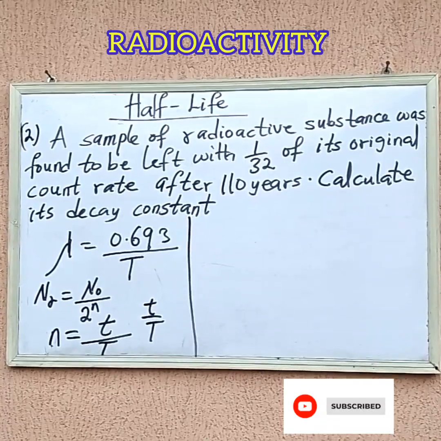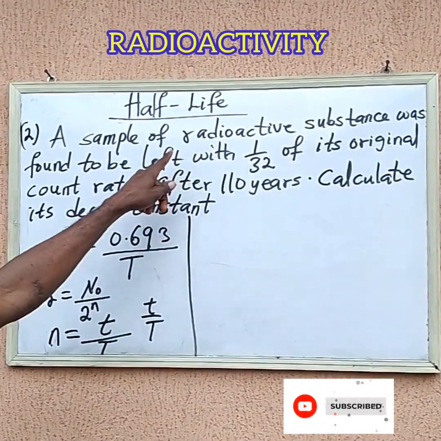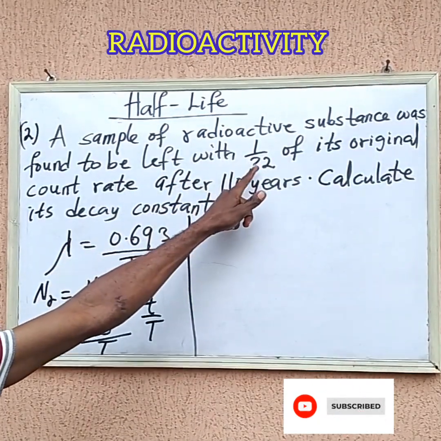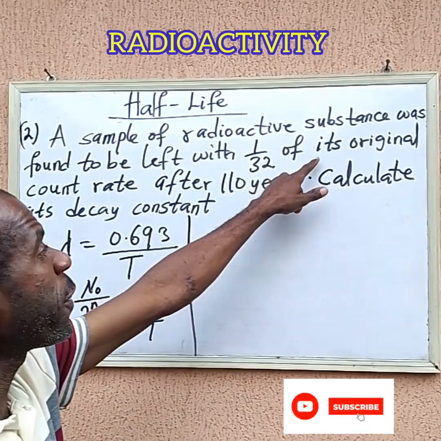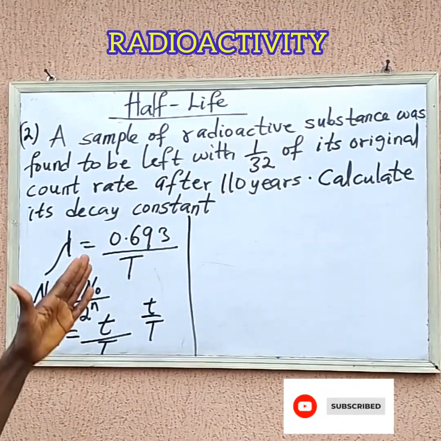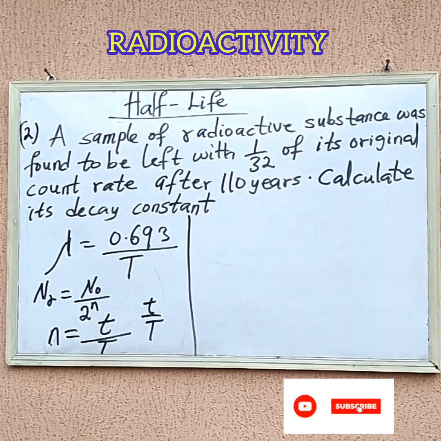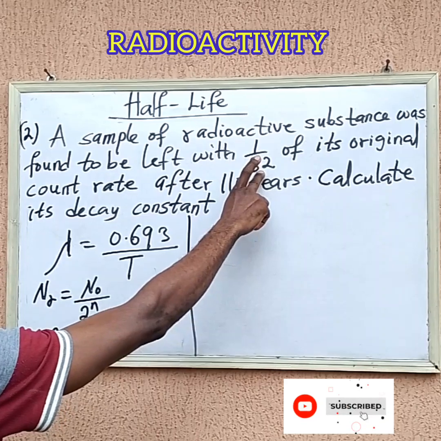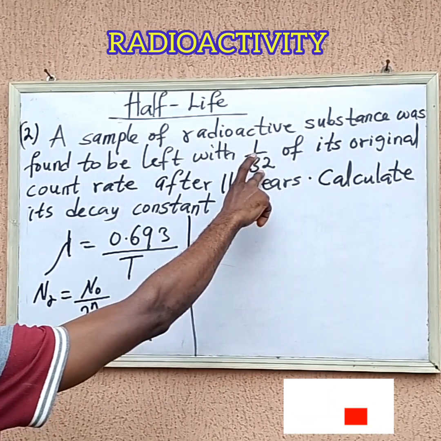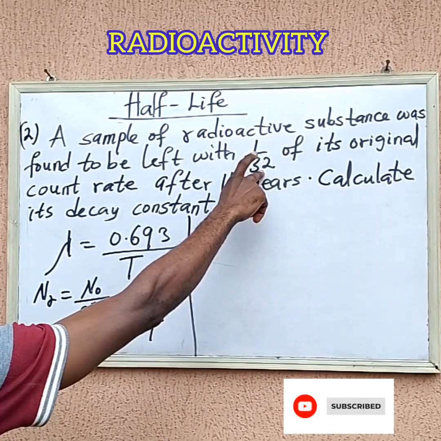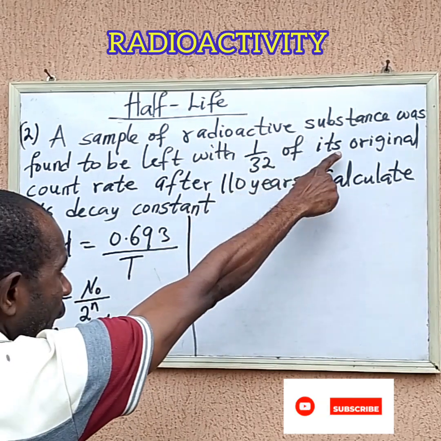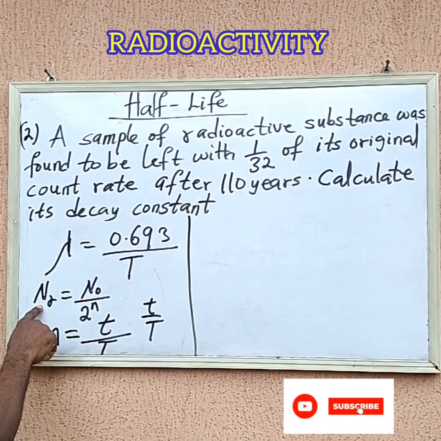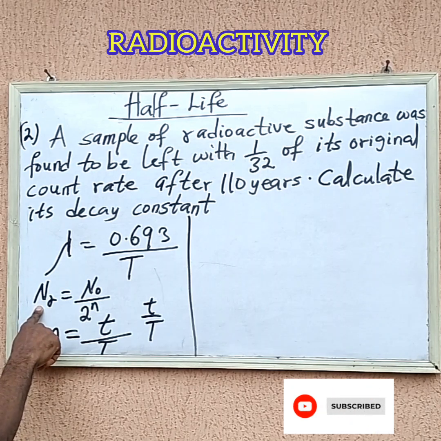Now remember the question, look at it. A sample of radioactive substance was found to be left with 1/32 of its original count rate. It means that the mass has been reduced after it has decayed, by a factor of 32. Meaning 1/32 is multiplying the original mass. This N_R here represents the mass remaining.